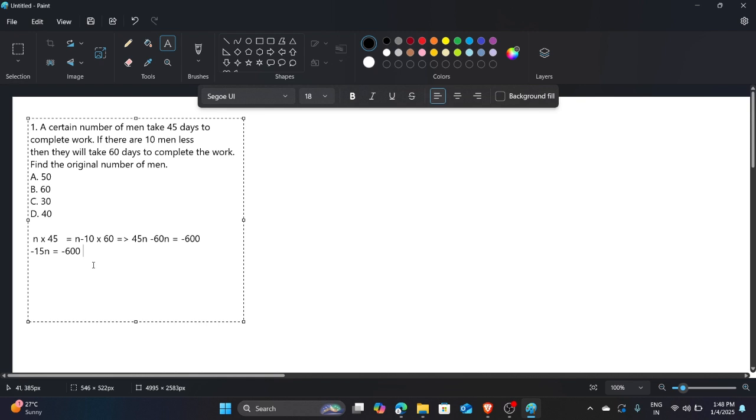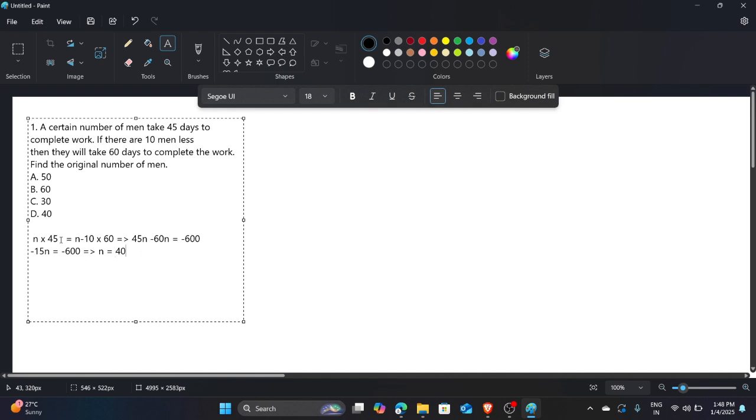So when you solve this, 600 divided by 15, so 15 fours are 60, so 40 is the answer. Sorry, n equals 40, so that is the answer. I think you understand.